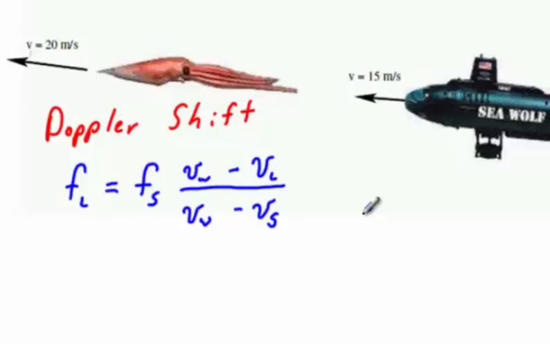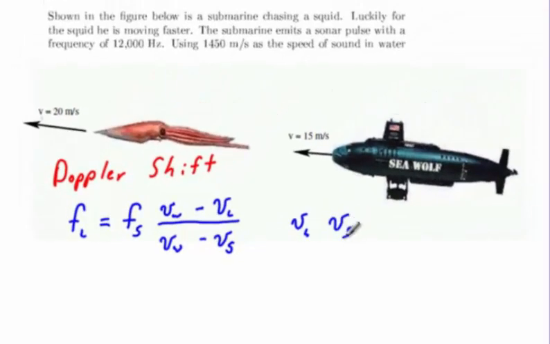I find this particularly bizarre, because in fact I won't tell you a sign convention. You can select any direction as plus that you like, and this formula will work every time, as long as you remember the following: the velocity of the listener, the velocity of the source, and the velocity of the wave all have the possibility of being positive or negative in your chosen coordinate system.